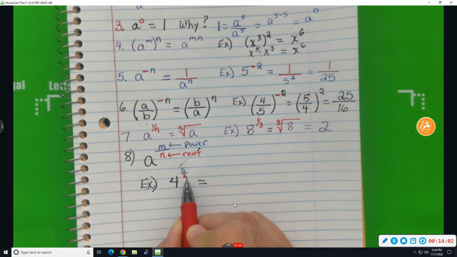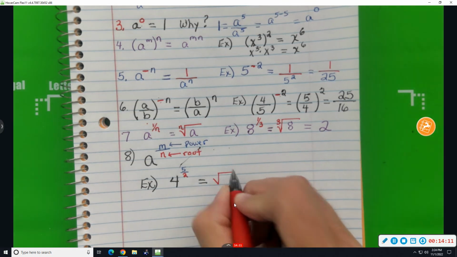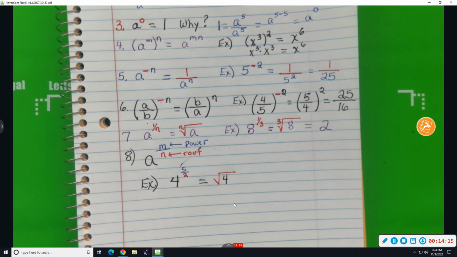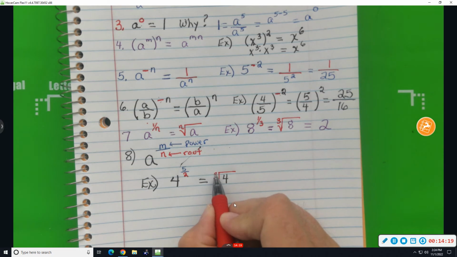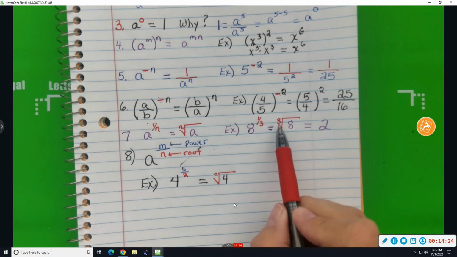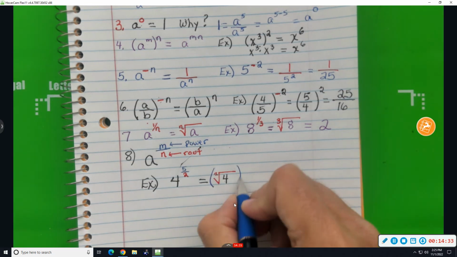I suggest you do the root first because that'll get you smaller numbers. This bottom number here is a 2, so that means square root of 4. Notice with square roots, we don't have to write the little 2. I guess if you want to, you can, but you don't have to. You say it. But like with cube roots, you've got to write the 3. Okay? So square root of 4, then raise it to the 5th power.